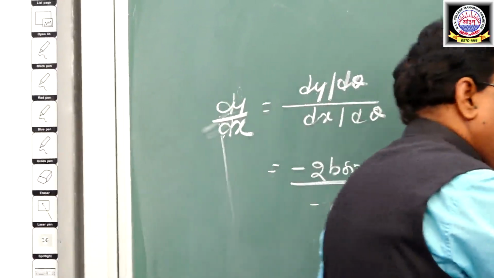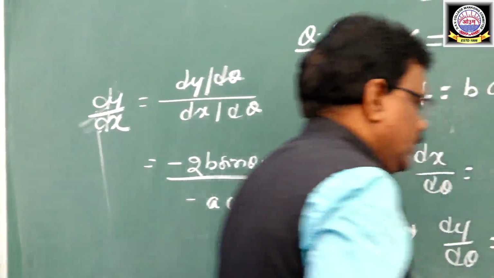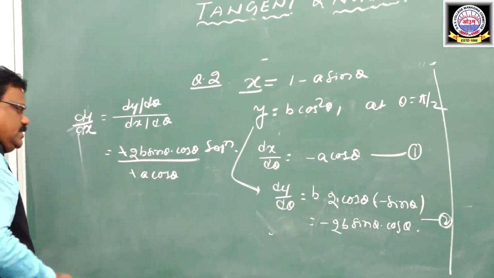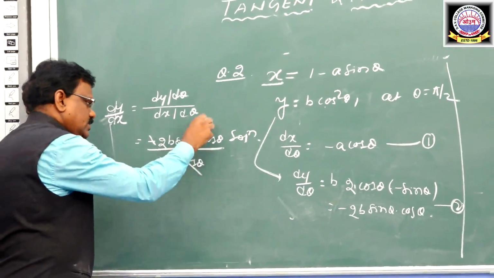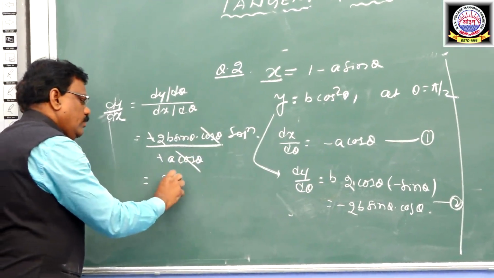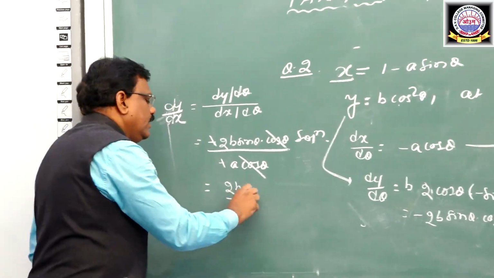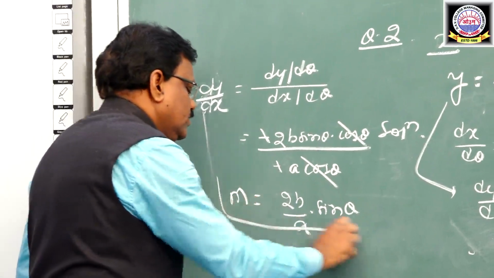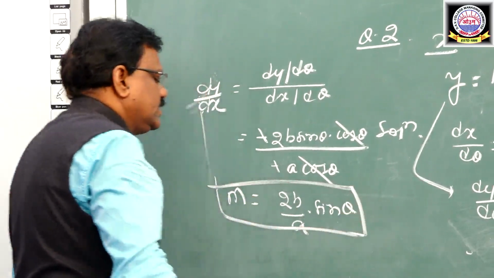If you take it as equation 2, it will be better. So equation 2 by equation 1, minus minus cancelled, and a cos theta is also cancelled. So what is coming? Now 2b by a into sin theta. This is the slope of the tangent.